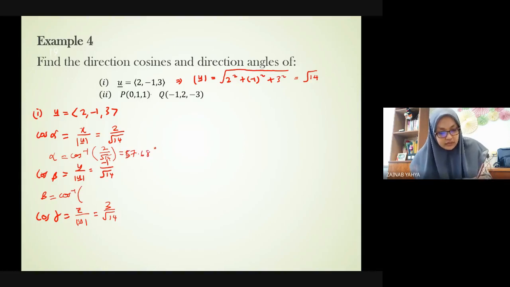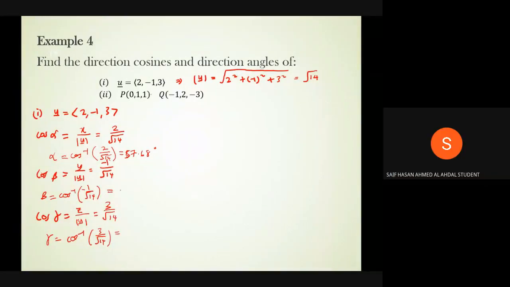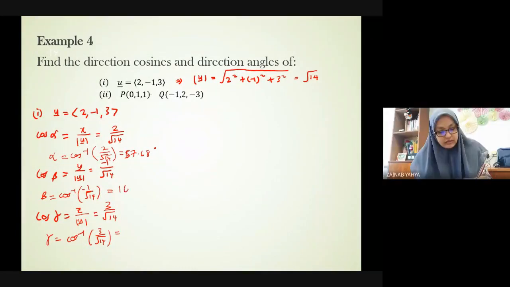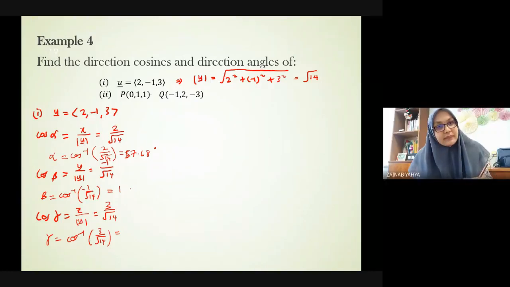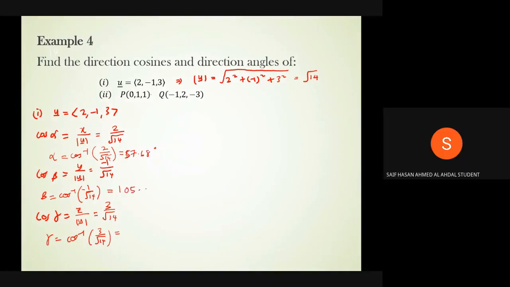Correct, okay. How about the second one? What is the value of beta? 105.5 degrees.